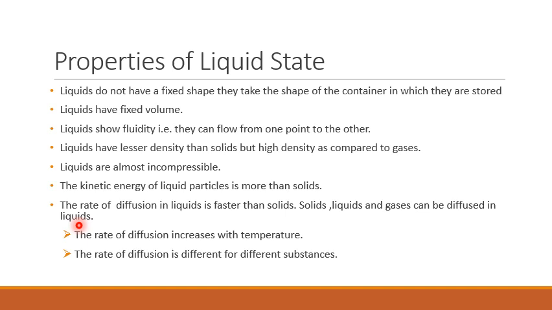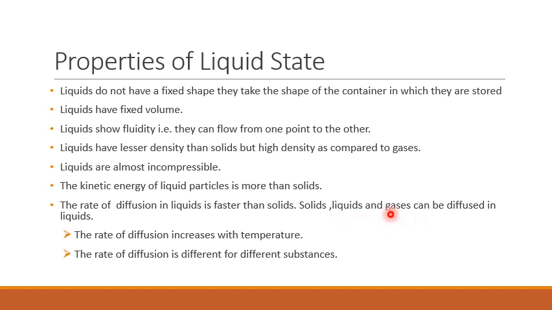If you remember our previous video in which we have learned the example of dissolving salt or sugar in water. So the solids can get dissolved in liquids. Similarly, liquids like ink or honey, it can diffuse in liquid.